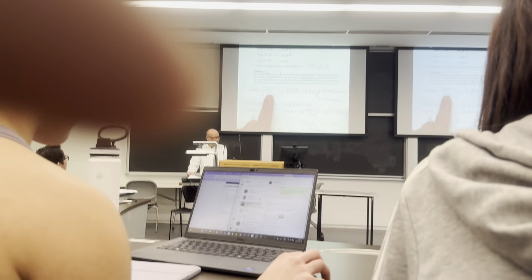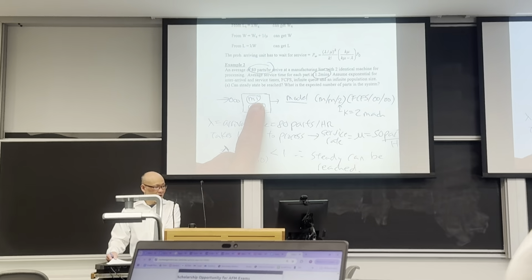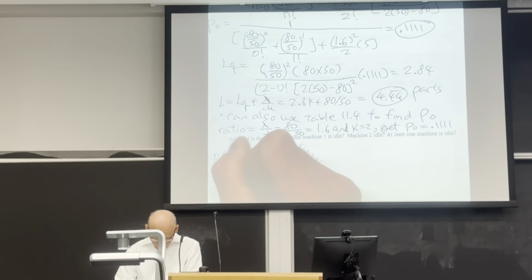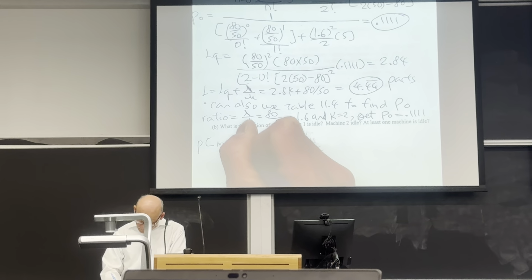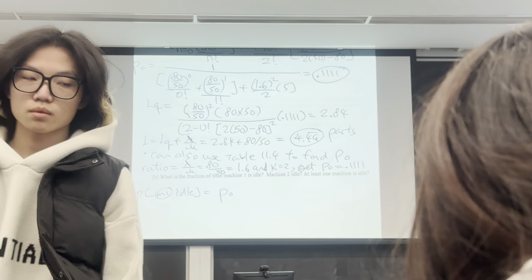We have two machines here. So what is the probability or fraction of the time machine 1 is doing nothing? Machine 1 will be free if there's no parts there.